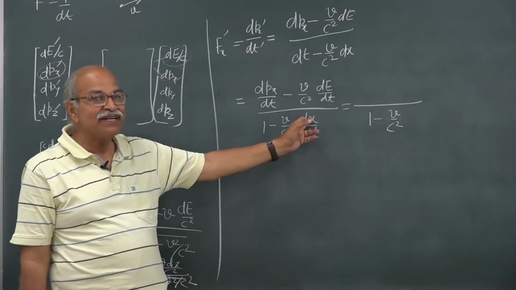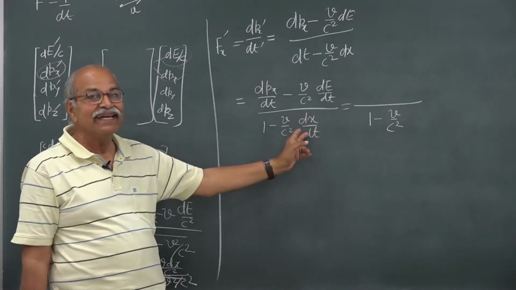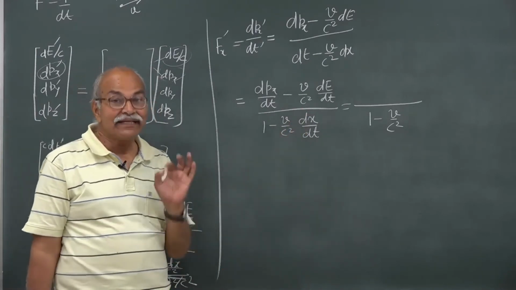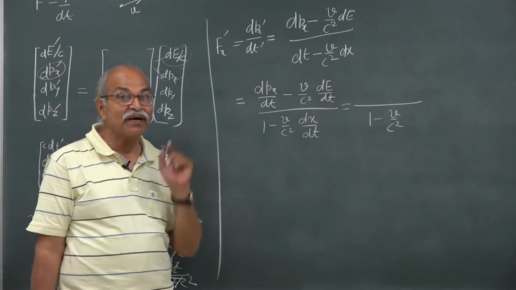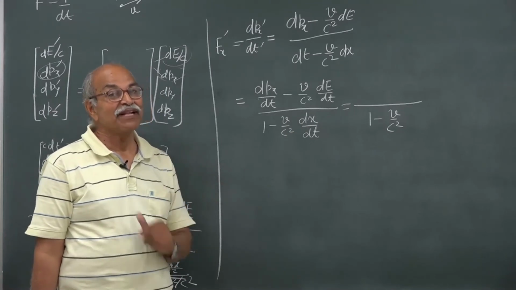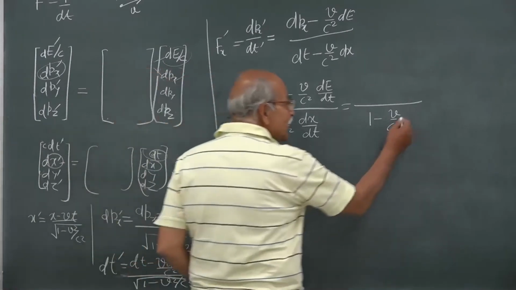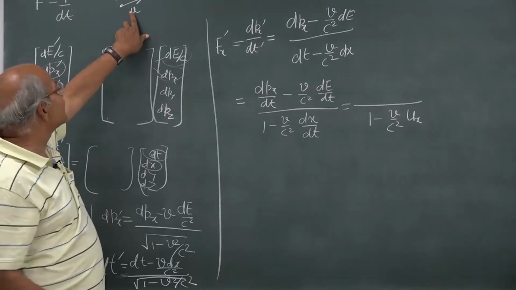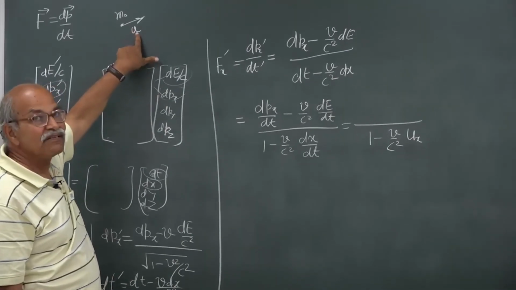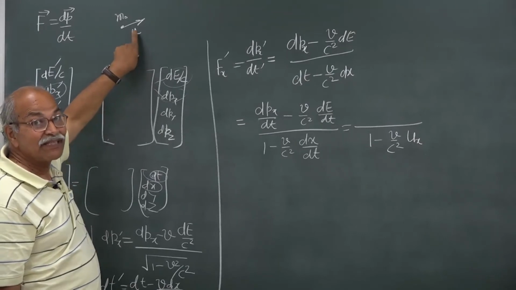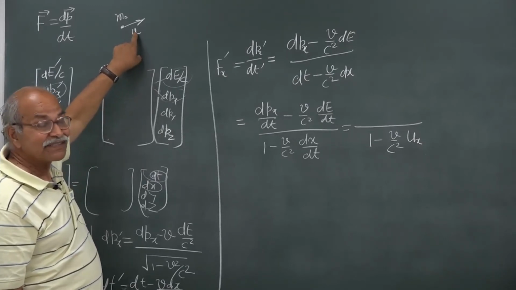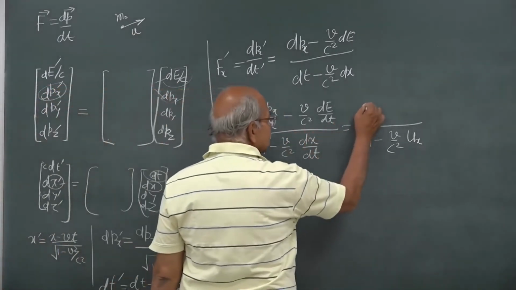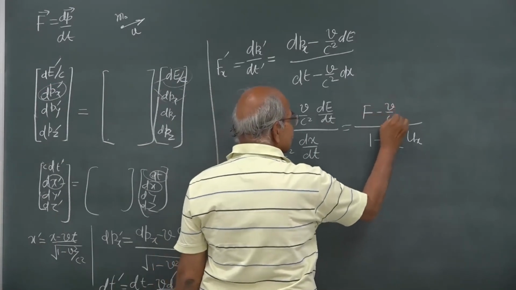Dx is the displacement in small time interval dt as seen in the S frame, and therefore dx by dt is the x component of the velocity of the particle as seen from the S frame. So this is ux. The particle is moving at time t with this speed u in S frame, and the x component of this velocity will appear here. And here dpx by dt will be f, minus v by c square, dE by dt.